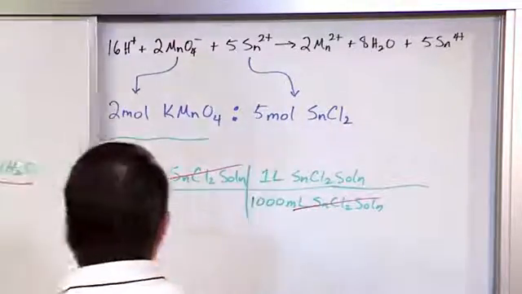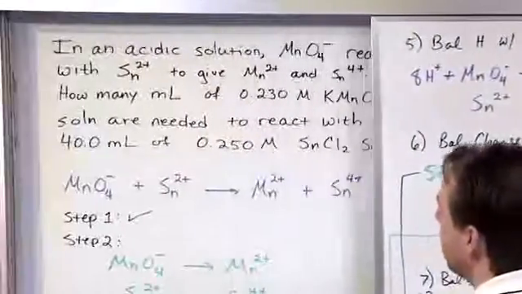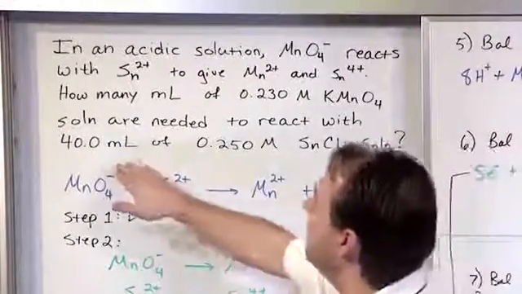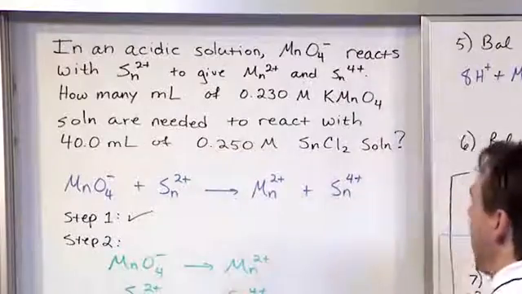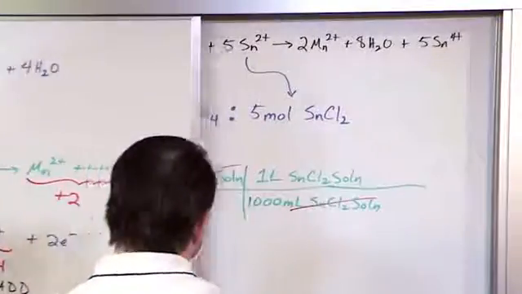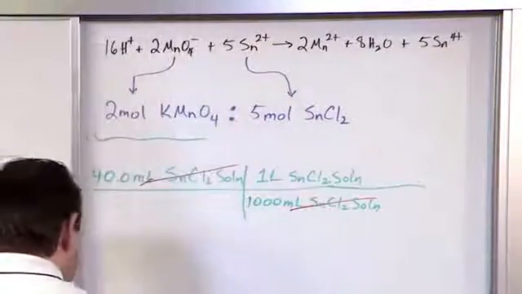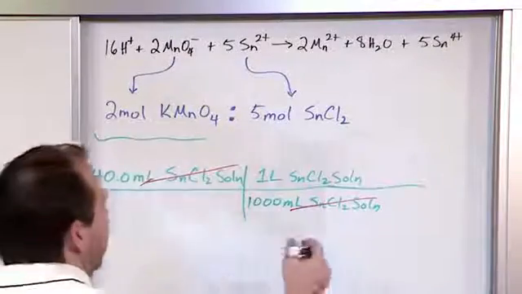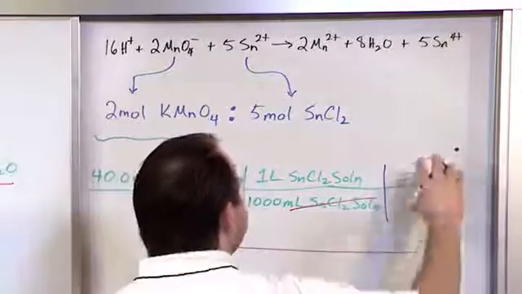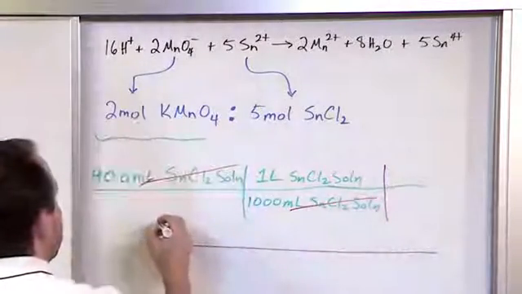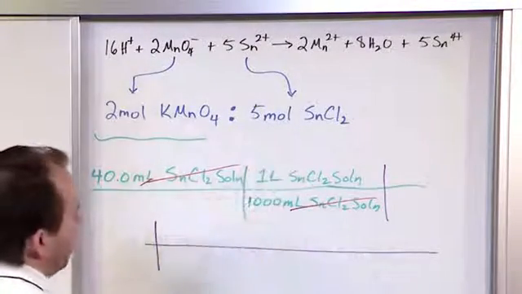Now if we go back to our problem for the tin chloride, we're told how many milliliters we have. We're also told the molar concentration. That's how many moles per liter. Now I'm going to switch colors here to make it a little more readable. We'll have to continue on the line underneath it, pretend that this is right here. So now we know how many liters that we have here.